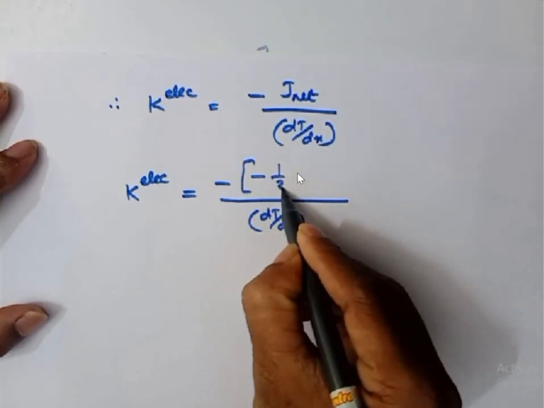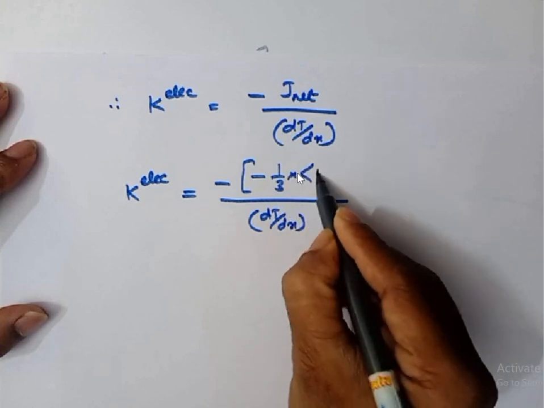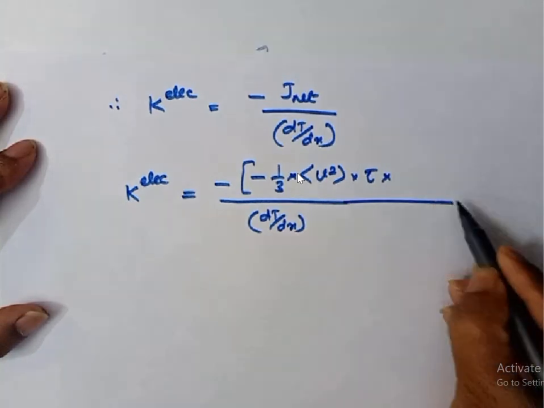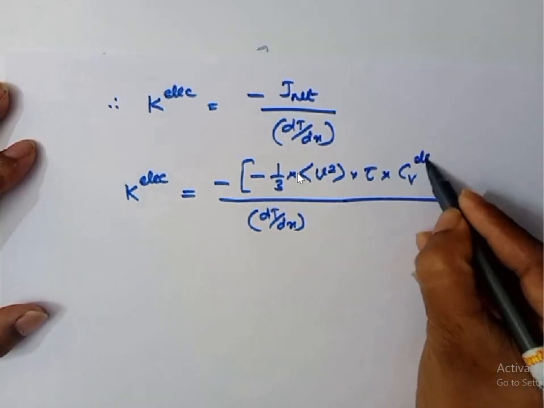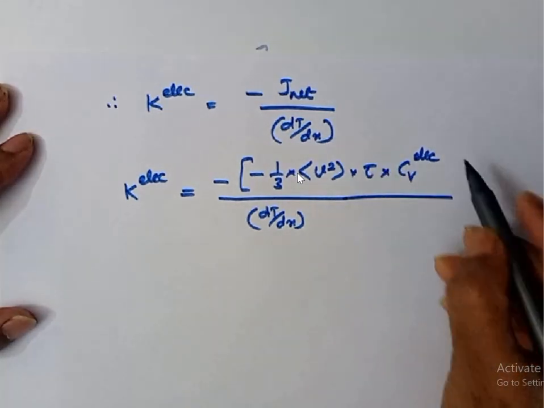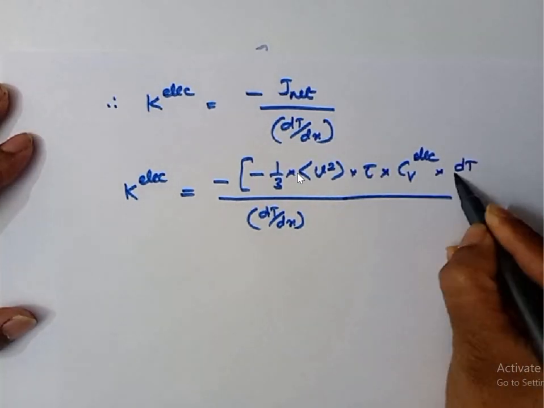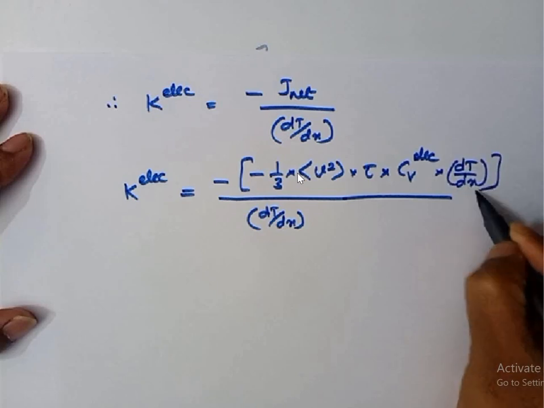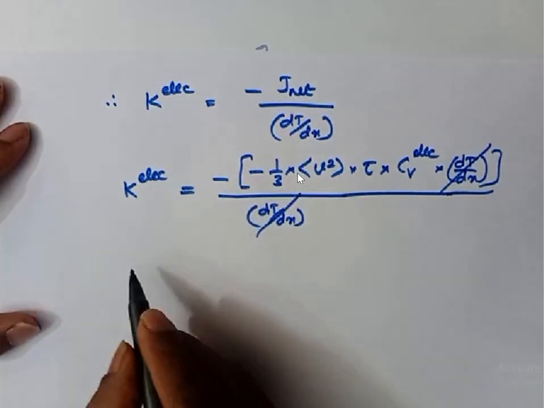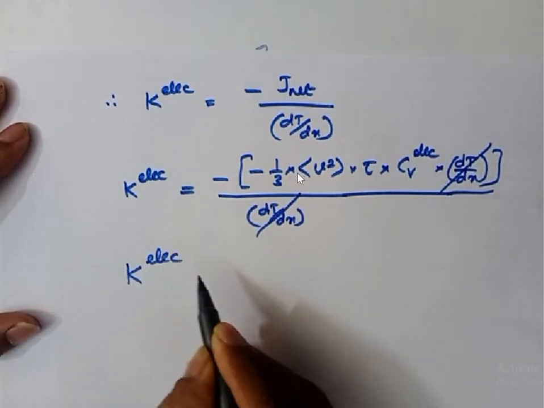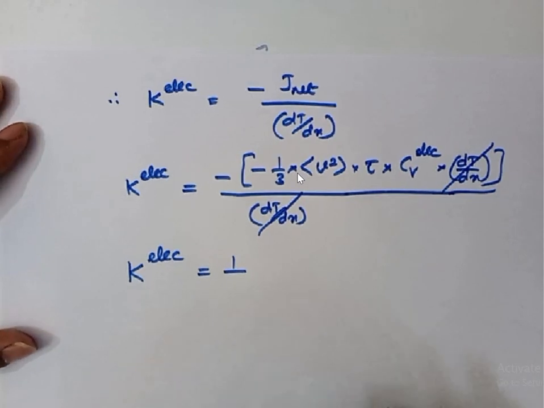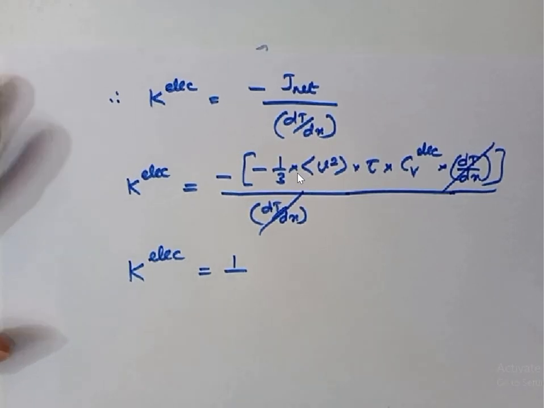Minus 1 by 3 into average of the square velocity into tau into C_V electronic contribution to heat capacity for n electrons into dT by dx. This is J net. dT by dx cancel each other. Minus into minus becomes plus. So the electronic contribution to heat capacity, not heat capacity, I'm sorry, thermal conductivity, right?